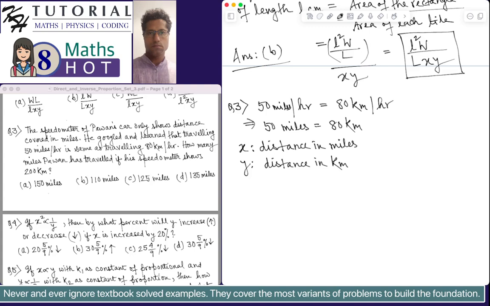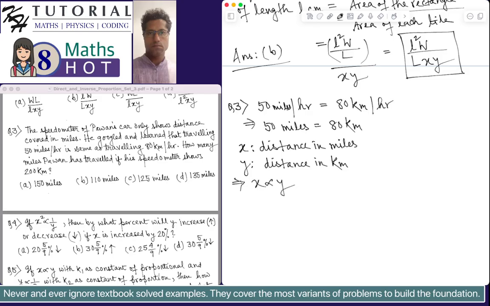If you travel 200 miles, whatever that distance is in kilometer, and if you travel 400 miles, that value in kilometer will be more. So we can say that x varies directly with y.